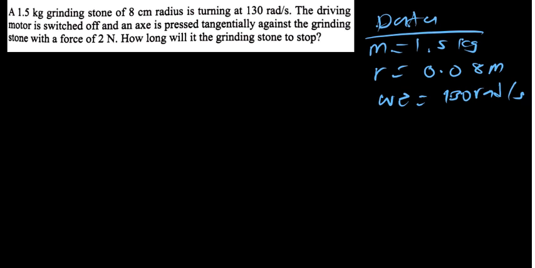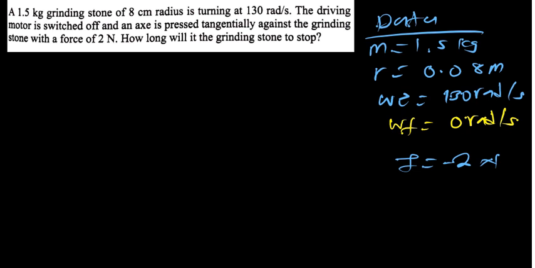Now it was switched off, meaning that the final angular velocity is 0 rad per second. What else do we know? The force was acting against, meaning the force is negative. So the force of 2 is going to be negative 2 Newton because it was acting against.